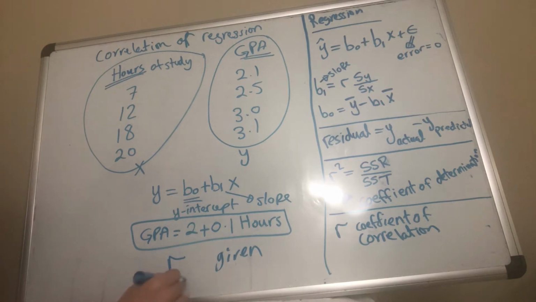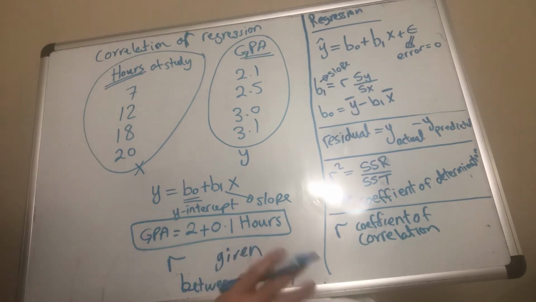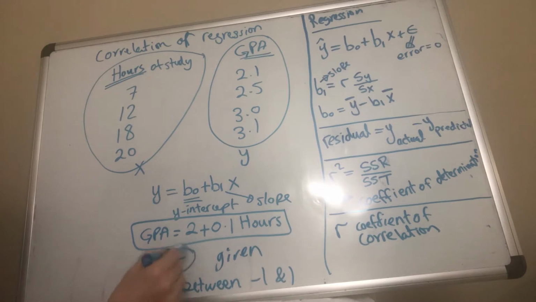This R is usually between -1 and 1. It doesn't matter if it's negative or positive; what matters is the absolute value, between 0 and 1. The closer the value is to 1, the stronger the relationship.